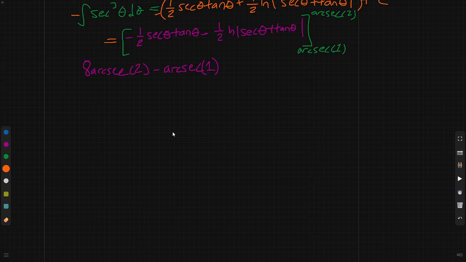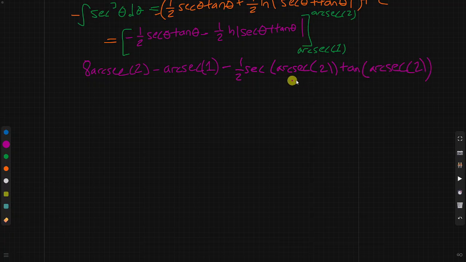All right, so we have this 8 times arcsecant of 2 minus arcsecant of 1. Now we have to evaluate this whole thing at arcsecant of 2 and arcsecant of 1. So let's plug in arcsecant of 2 for theta. So you have minus 1/2 times secant of arcsecant of 2 times tangent of arcsecant of 2.